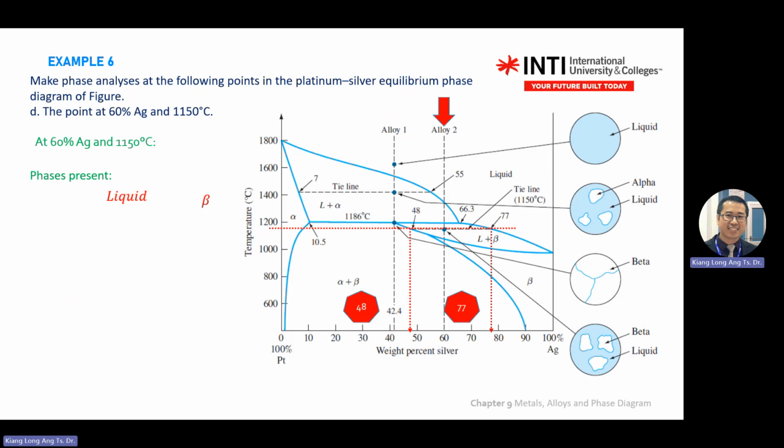So the answer for D, you have two phases, liquid plus beta. Don't overread, this one is a peritectic diagram. Composition, read from the graph. Liquid will be 77%. Beta will be how many percent?